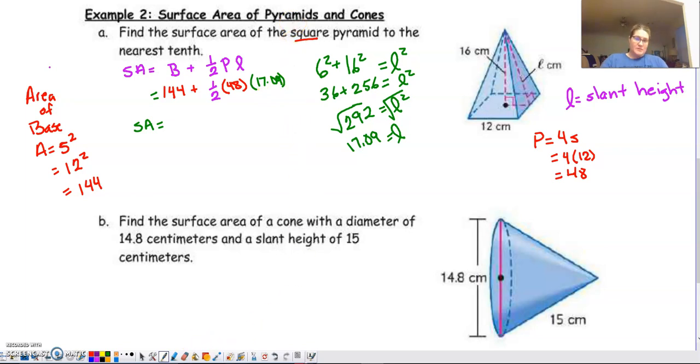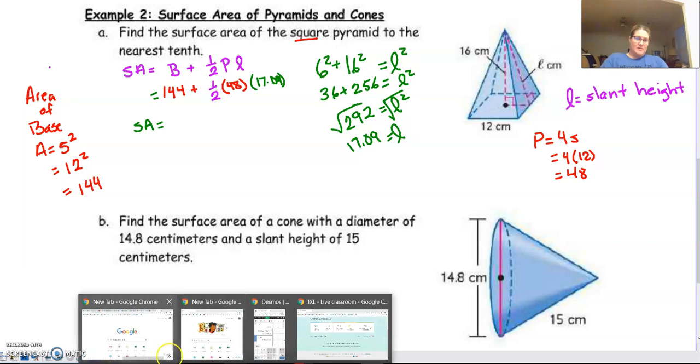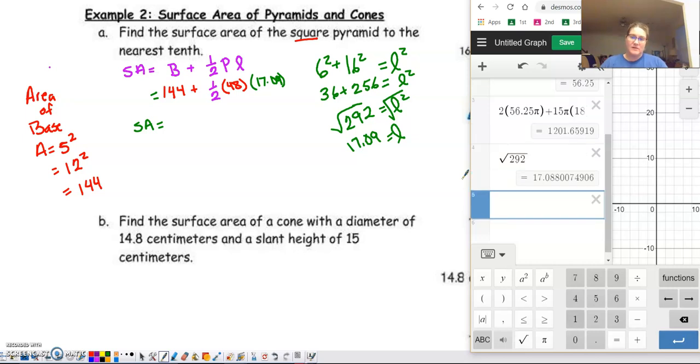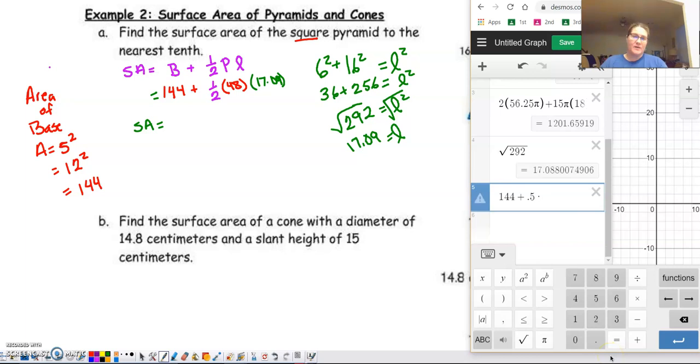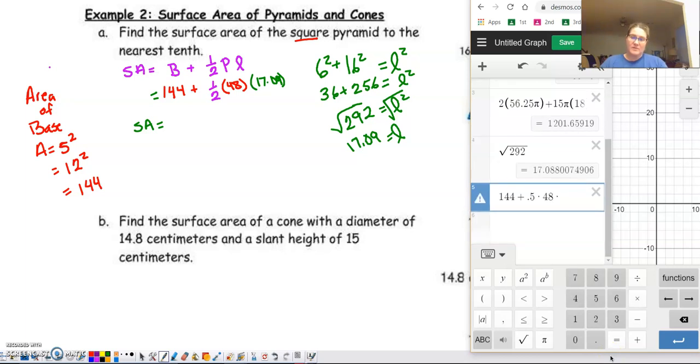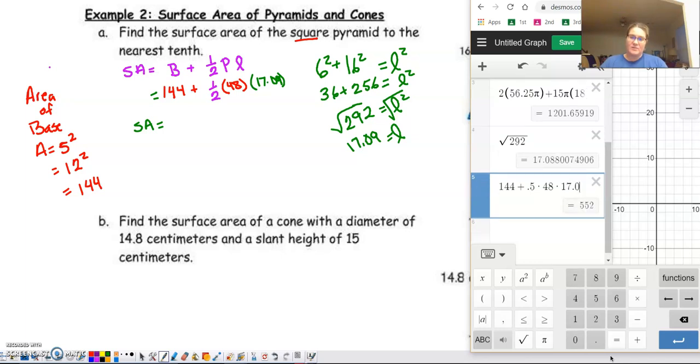So what I'm going to do is take my calculator and get to work. I've got 144 plus, I'm going to use 0.5 for 1/2 because I know I've got decimals here already, times 48 times 17.09.